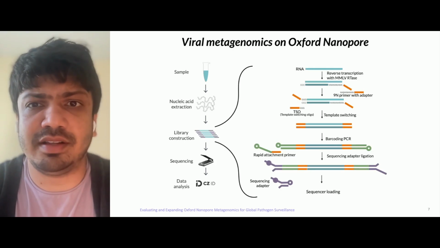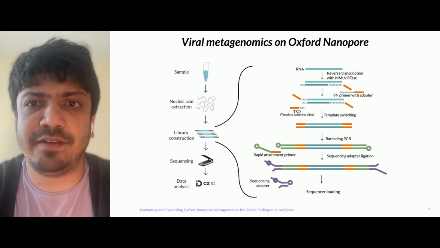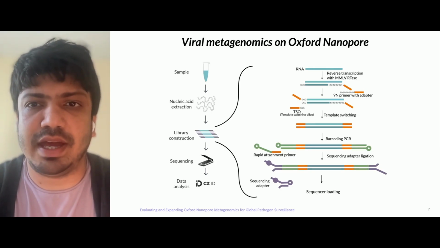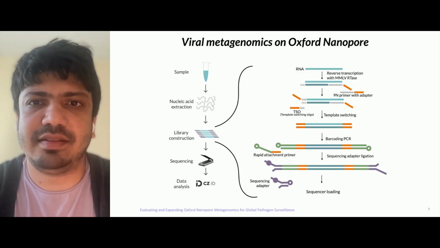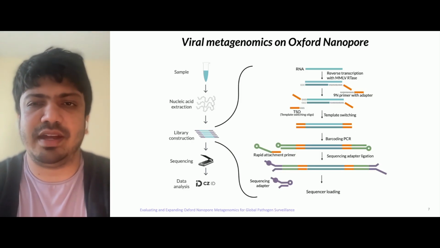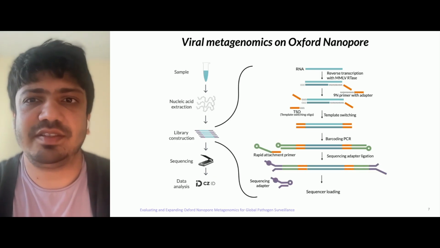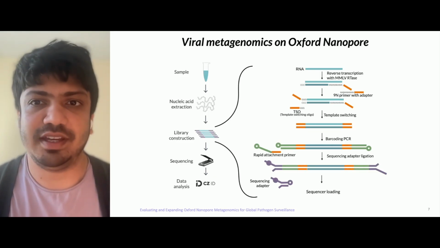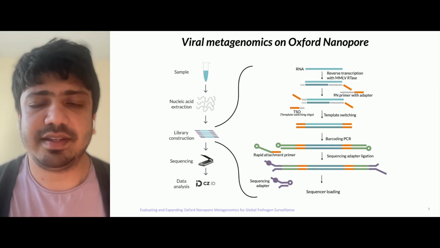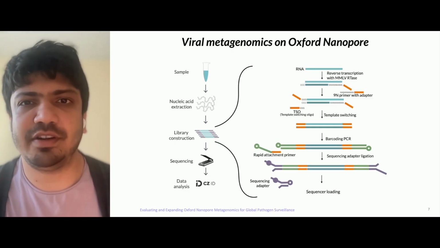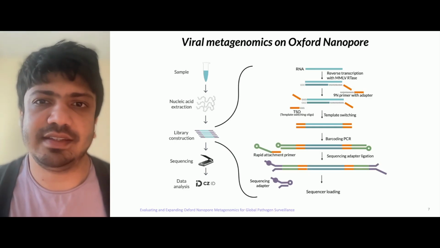So the main focus in this slide is the library preparation part, which in the viral metagenomics protocol makes use of random oligos that bind to RNA, which we are then able to reverse transcribe. For the reverse transcription, MMLV reverse transcriptases are used, which have the property of adding additional Cs at the end.